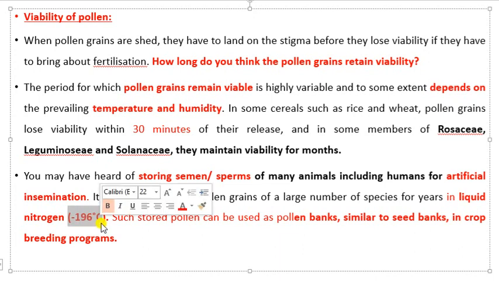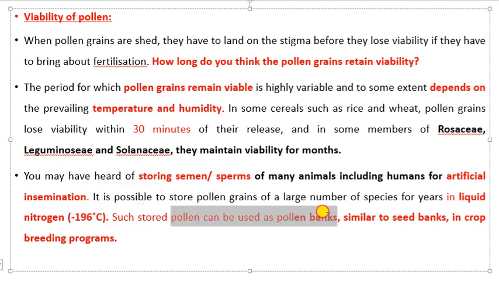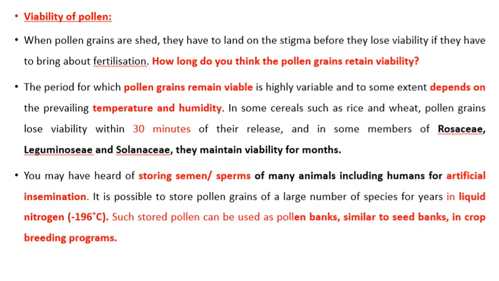So, as we can store semen or sperm of any animal or humans for future use, in the same way we can also store these pollen grains in liquid nitrogen. This is known as cryopreservation. Such pollen can be used as pollen banks, similar to seed banks, in crop breeding programs.